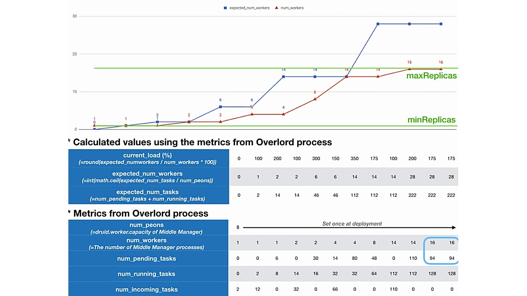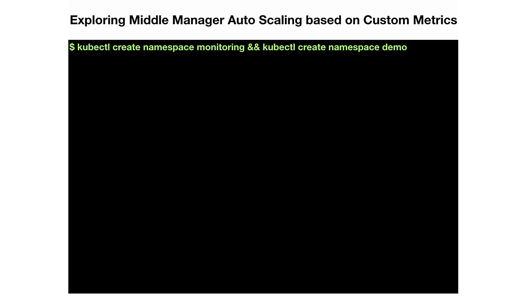As you can see, current load is greater than 100%. So the num workers line in the graph shows a trend of increment. By the way, increase of num workers cannot happen in the blue rectangle if it reaches max replicas. Max replicas and min replicas are described in HPA's resource manifest in Kubernetes.